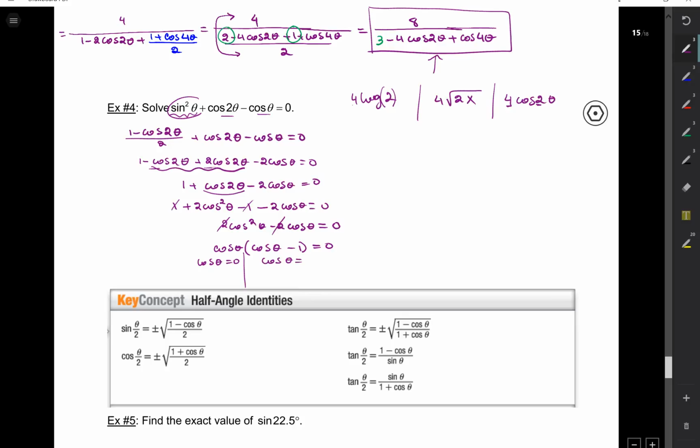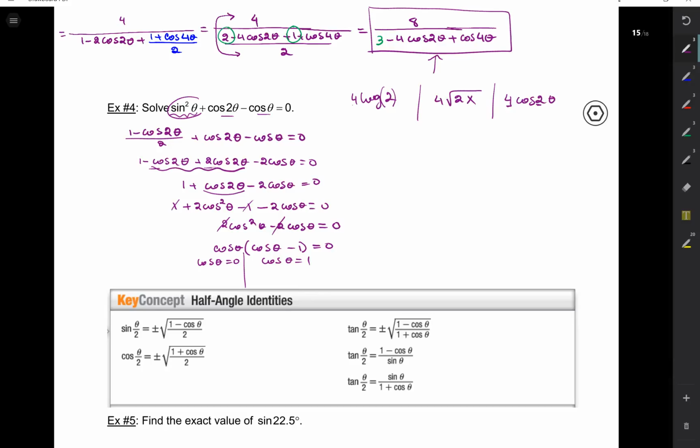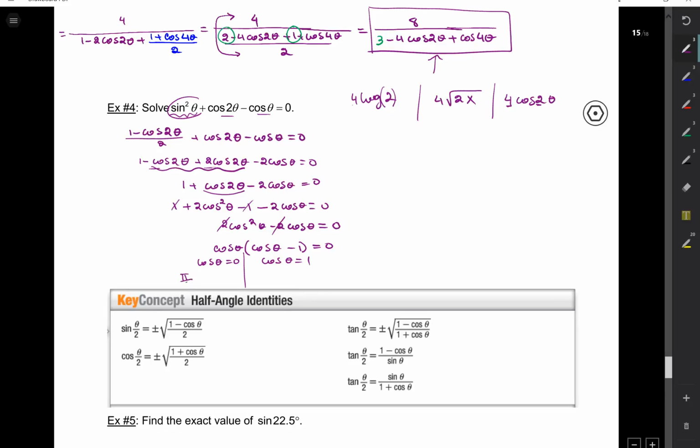Cosine theta equals 1. Well, where does cosine theta equal 0 these days? And where does cosine theta equal 1 if that's the x-axis? At 0.